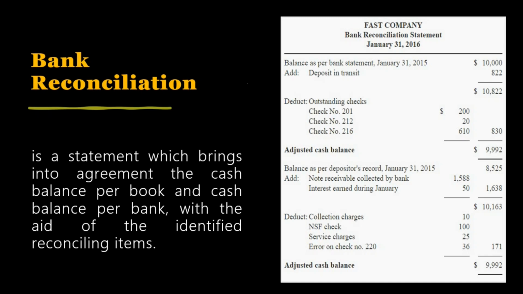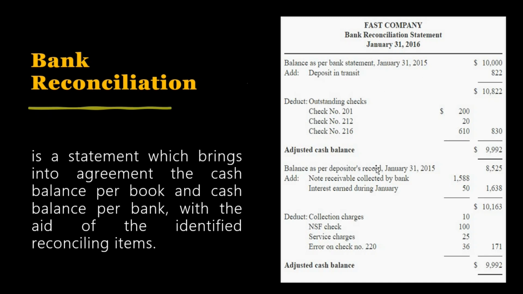So, it is a statement which brings into agreement the cash balance per book and the cash balance per bank. So, with the aid of the identified reconciling items. So, ito yung sample ng ating bank reconciliation. So, kung titingnan natin, for example, here, yung cash balance per bank statement niya daw ay $10,000.